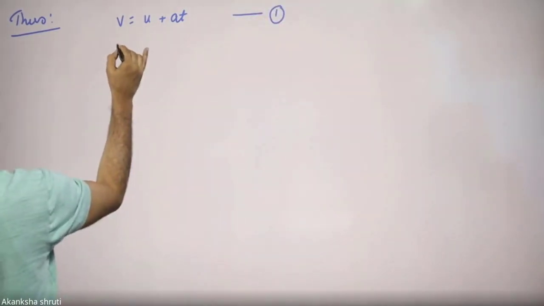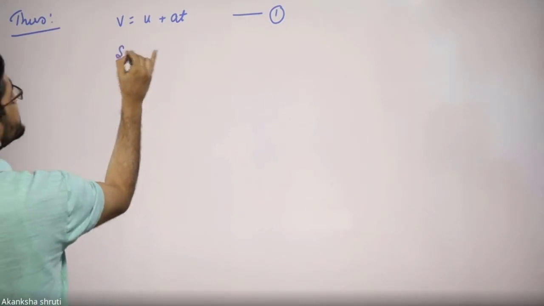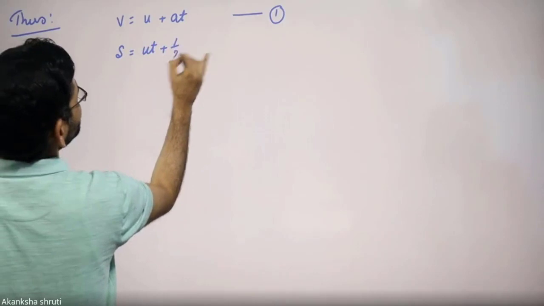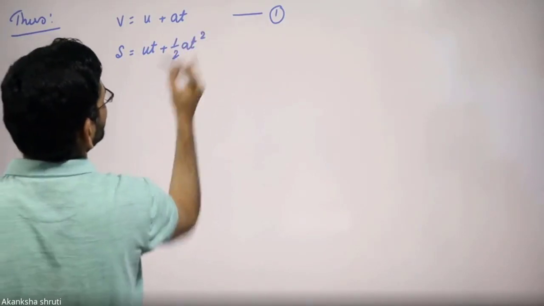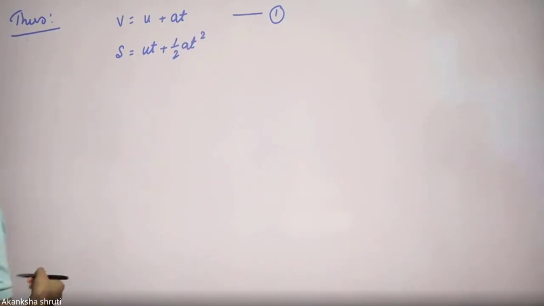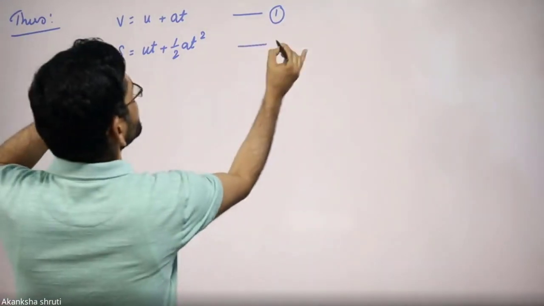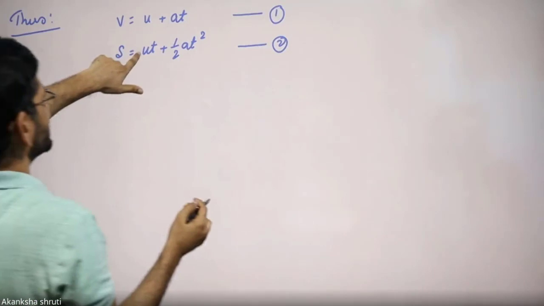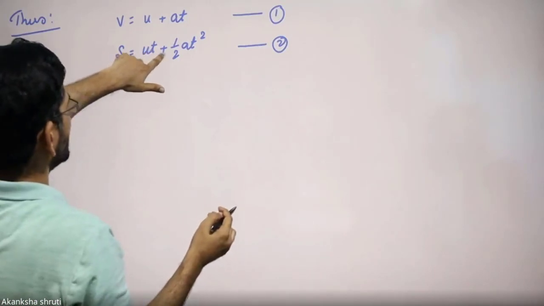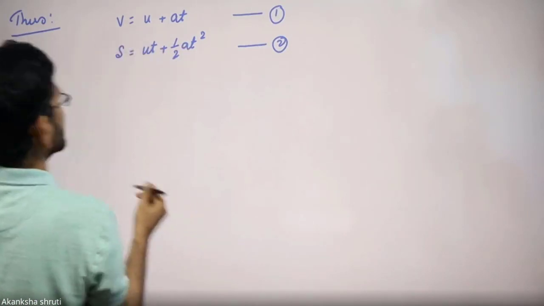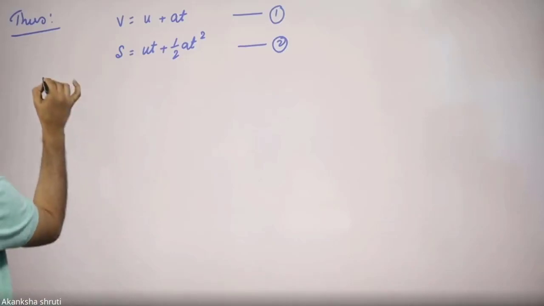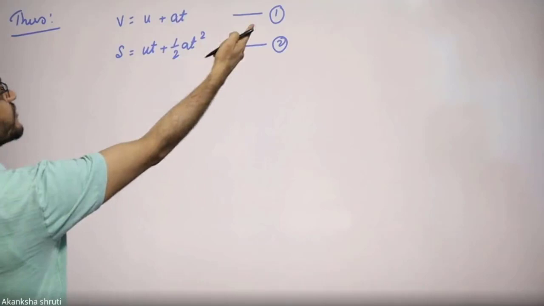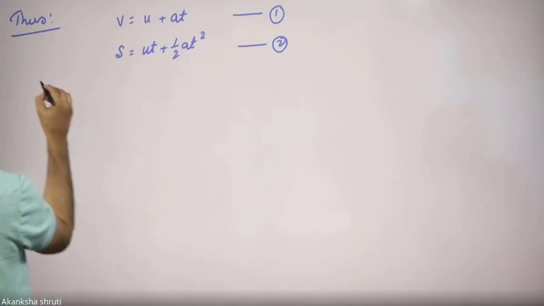The second kinematic equation that we just derived is S equals UT plus half AT square, where the symbols that we are using are the same as earlier. S is displacement, U is initial velocity, T is time, A is acceleration. The same thing. Now, we are going to take this T from equation 1 and substitute in 2.